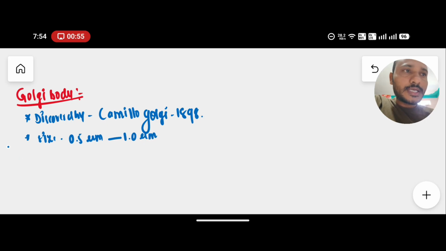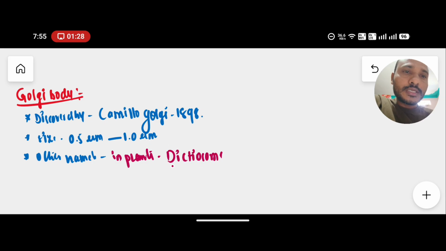Generally, this Golgi body has various names. Other names of Golgi bodies: especially in plants, these Golgi bodies are also called dictyosomes, and also in various organisms like yeast.